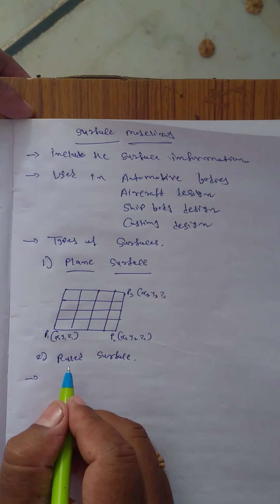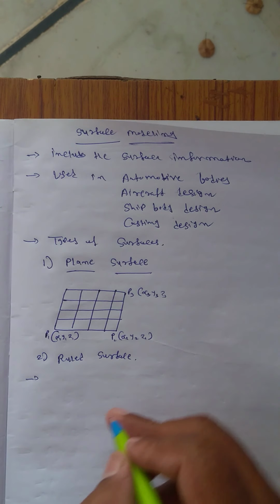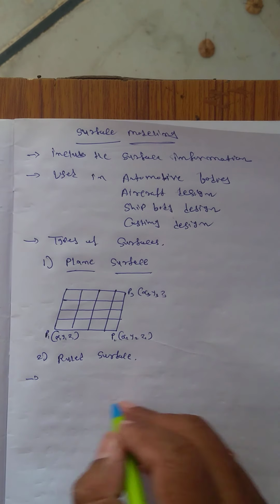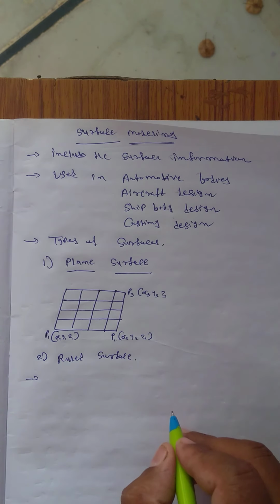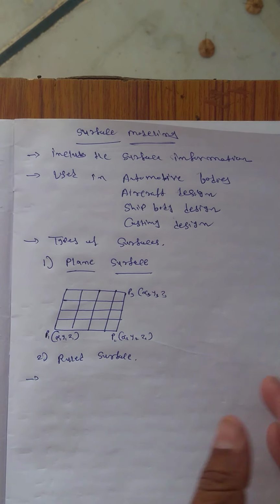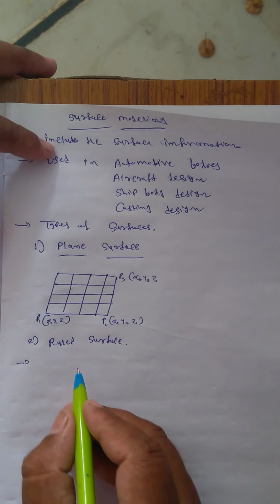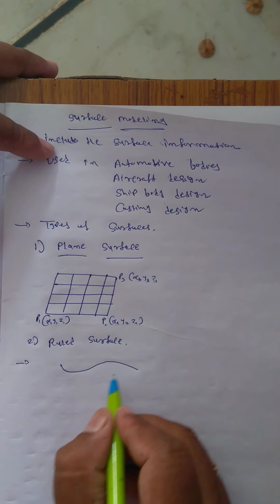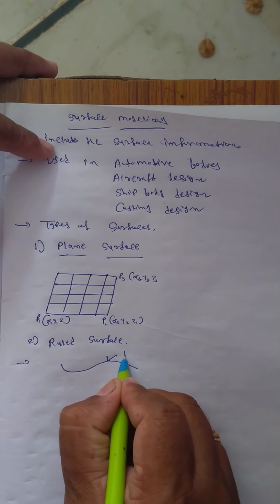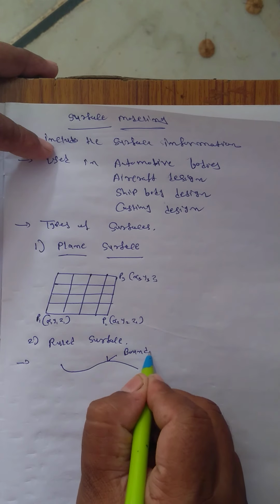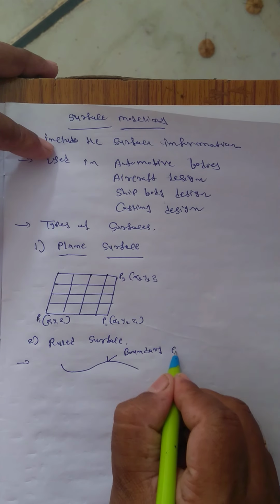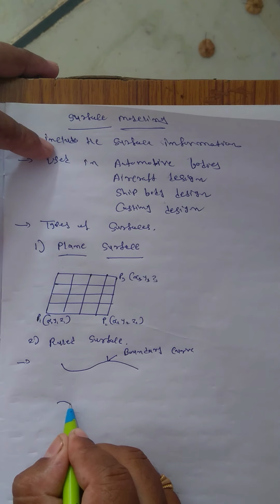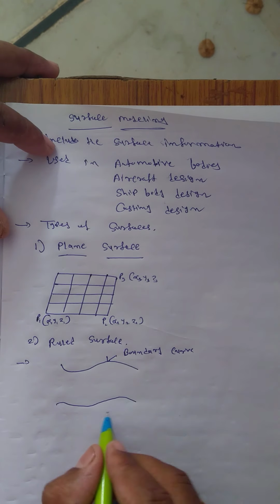The roll surface is generated by two boundary curves, the first boundary curve and the second boundary curve. These boundary curves are joined by straight lines and the surface is obtained by linear interpolation. Suppose you consider one boundary curve, this is the one boundary curve, and this is the another boundary curve.